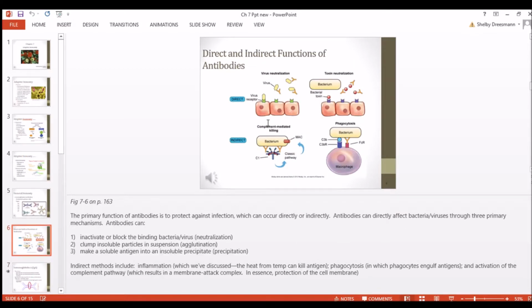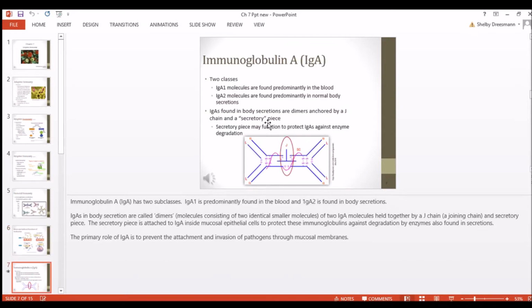Indirect causes include inflammation, phagocytosis, activation of complement systems, and protection. So back to the kinin system and the complement system, we're going to use some antibodies in that to activate that cascade. Okay, moving on.